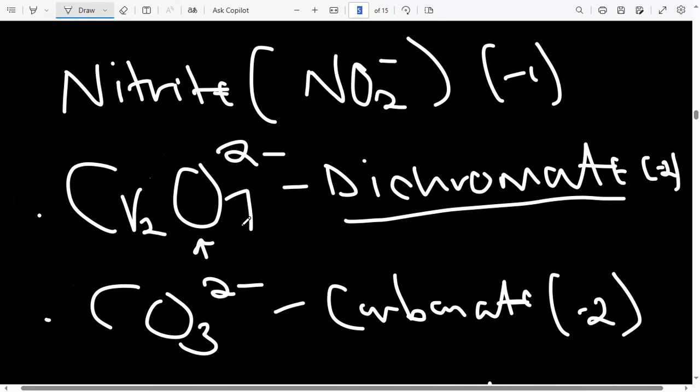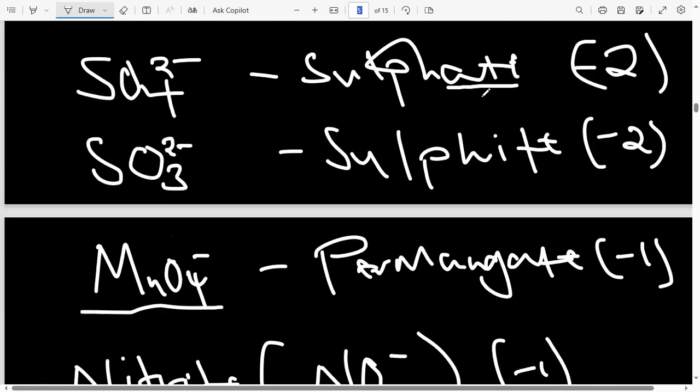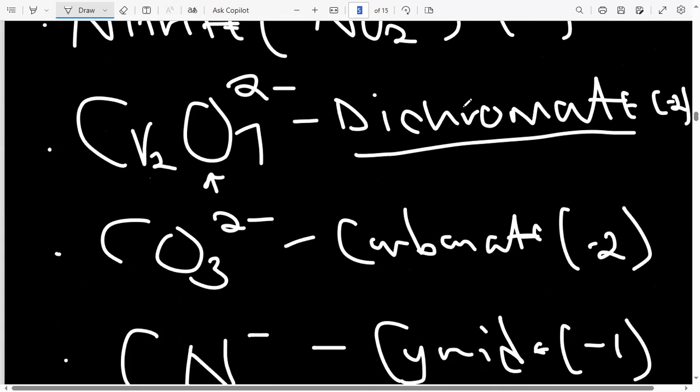So you have to know these special radicals. I managed to list down a few, but there are a lot. The ones I listed here are the common ones. We have the permanganate, the sulfate here, all these that are listed. So you have to know them.